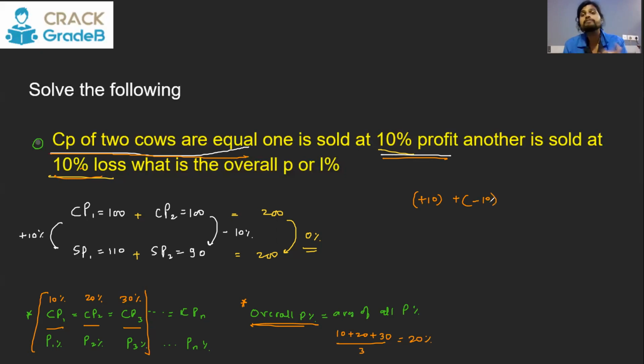And you will calculate the average of these two figures: sum of observations, this plus this, upon number of observations, which is 2. So overall profit will be 10 minus 10, that is 0% profit. Okay. So if exactly the same language is there in any question where cost prices are equal, you just have to take the average.